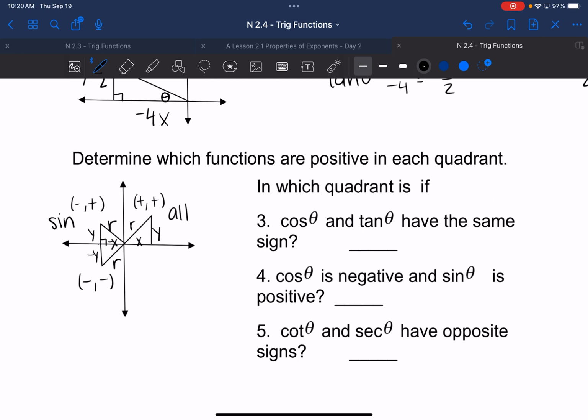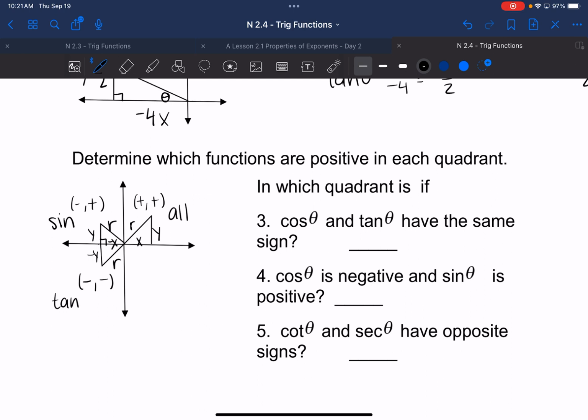And tangent has a negative y and a negative x. Well, two negatives make a positive. So which one's positive in this quadrant? Tangent, because it has two negatives, which make a positive.